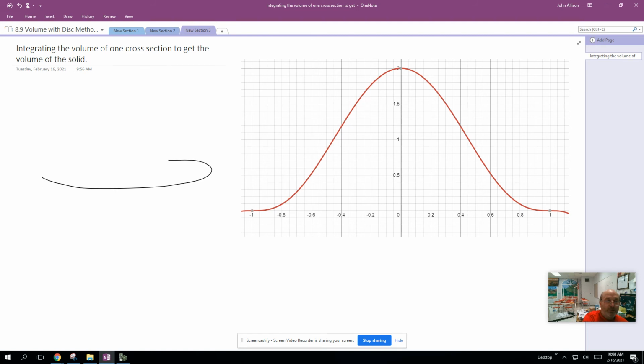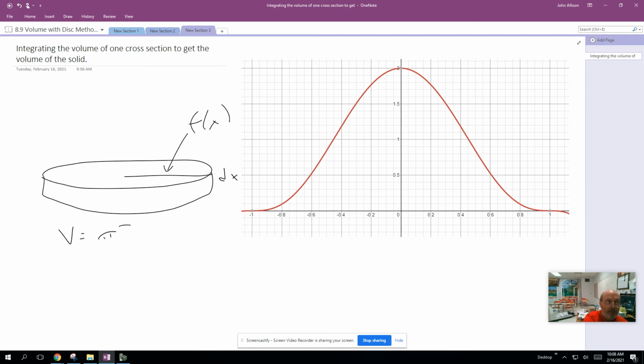Let's go ahead and draw that cross section again, where the radius was f of x, the width was dx, and so the volume of one of those cross sections was pi times f of x squared times dx. That's the volume of that cylindrical disc that we're talking about here.